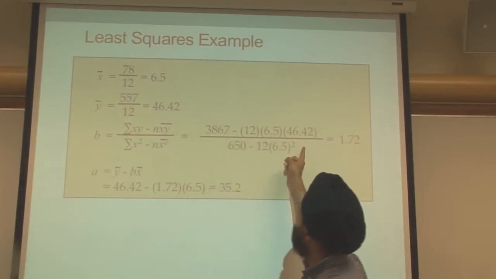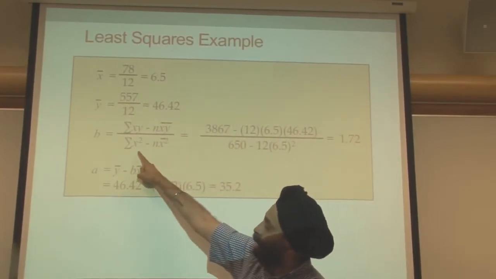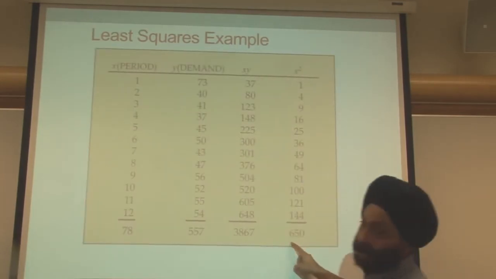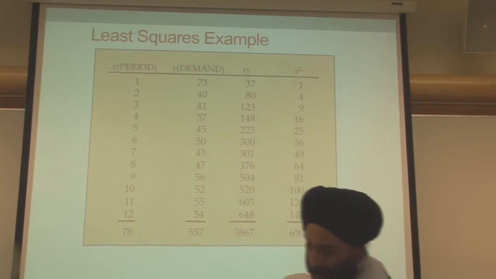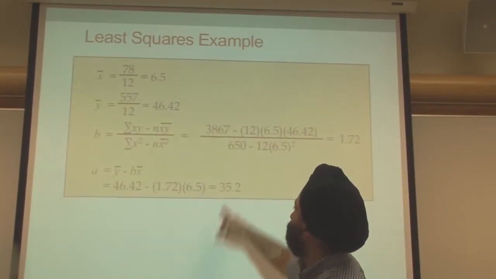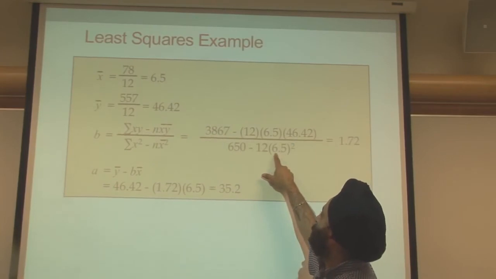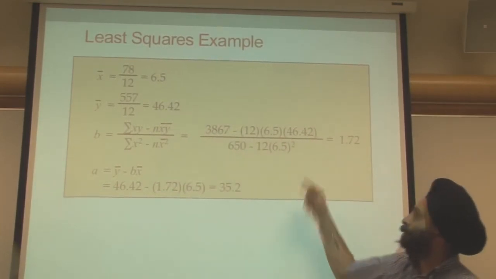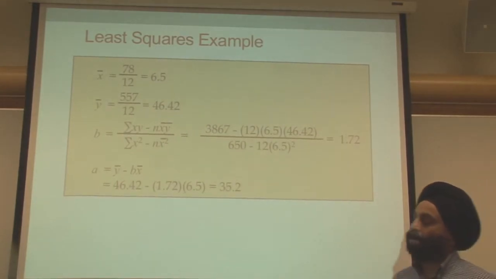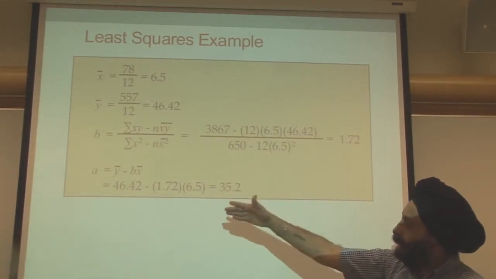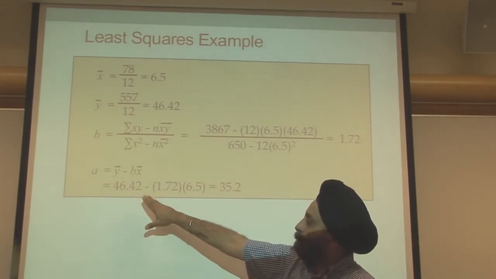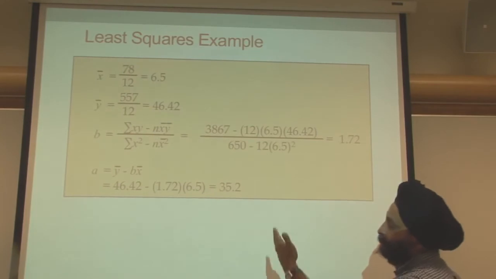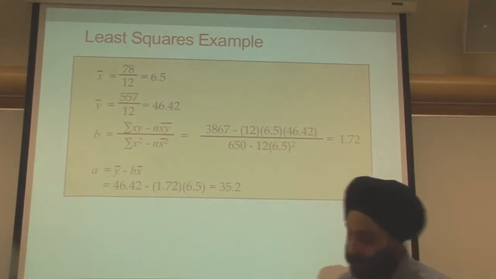Sigma X squared, the summation of X squared calculated in the last column, is 650, and from that you subtract 12 times 6.5 raised to the power 2. Once you do this calculation, B comes out to be 1.72. Plugging that in, Y bar minus B times X bar gives the A intercept, which is 35.2.